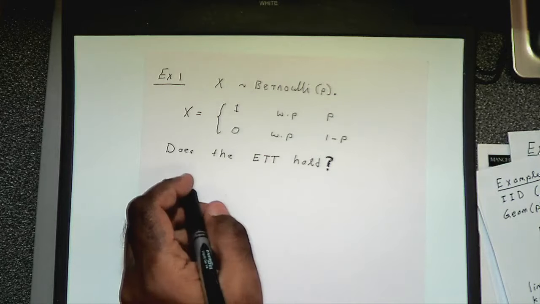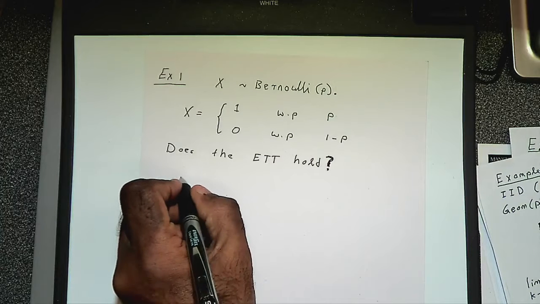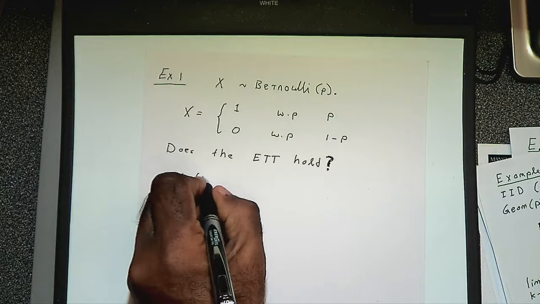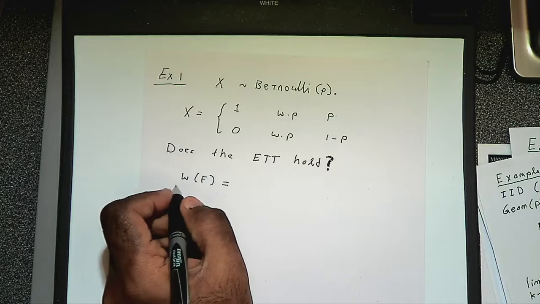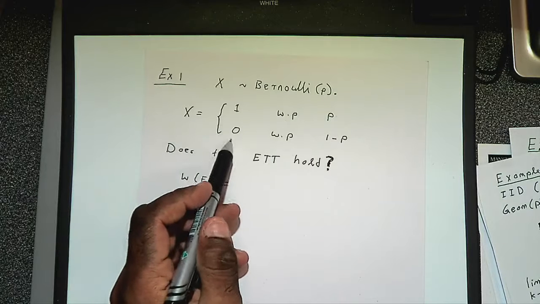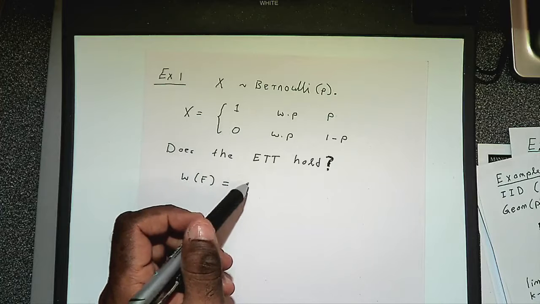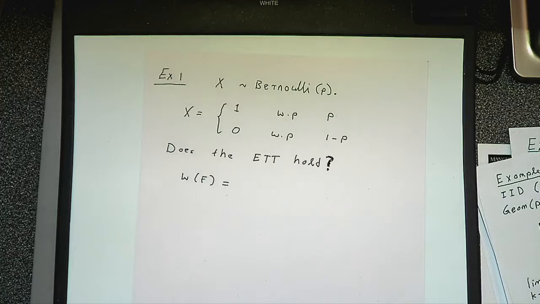Now, the first thing we need to work out is W of F. As you can see, X can take only two values, 0 or 1, right? I know in the quiz some of you actually tried to solve the equation, the CDF equal to 1. The quiz was okay, but sometimes solving that can be really hard.